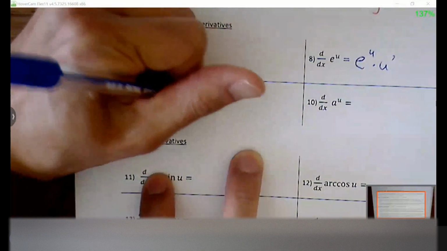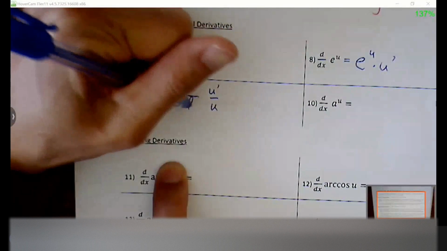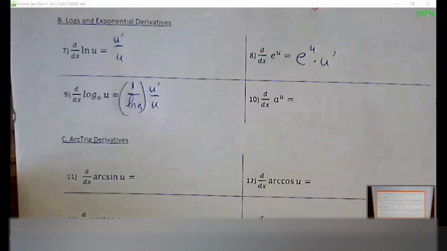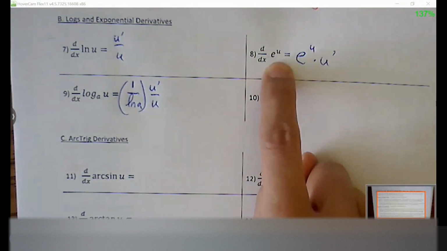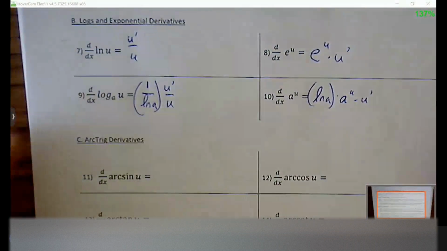There's also going to be a u prime over u, but there's a conversion that has to happen, and that conversion is a coefficient of 1 over natural log of a. Okay. A to the u looks a lot like e to the u. It also involves the original function, also the exponent's derivative, but then there's a conversion that has to happen, and so it's natural log of a times a to the u times u prime.